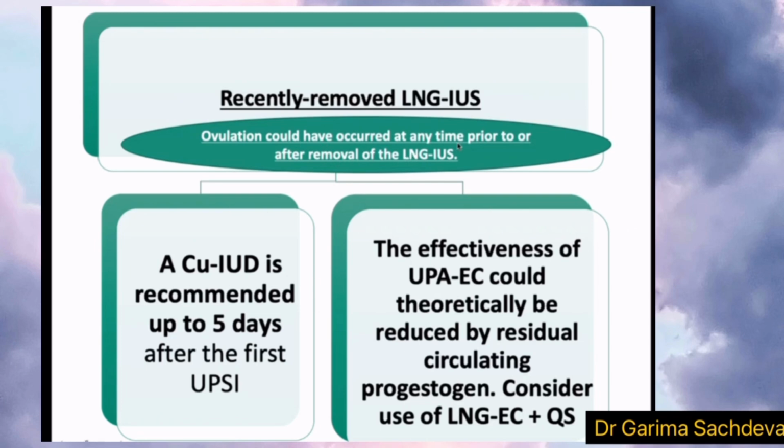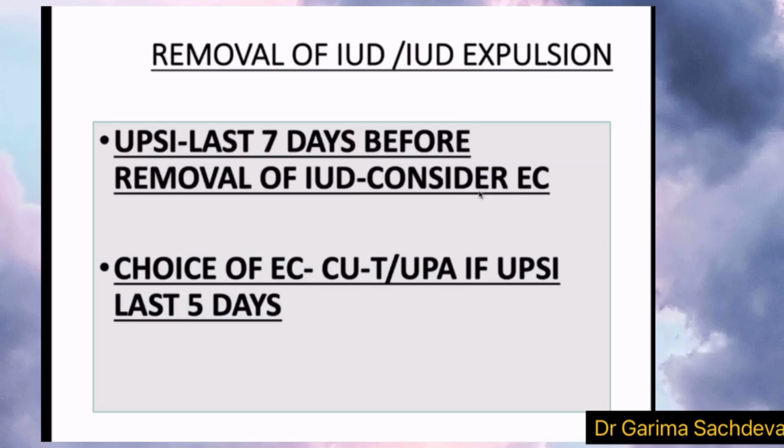Ovulation could have occurred at any time prior to or after removal of the LNG-IUS, because it was basically inhibiting fertilization and implantation. It was not having a major effect on ovulation. Then if the copper T is removed, or if it has been accidentally expelled, and UPSI has been within 7 days before the removal of the IUD, then you have to give emergency contraception.